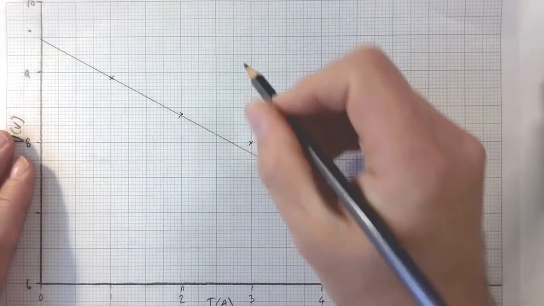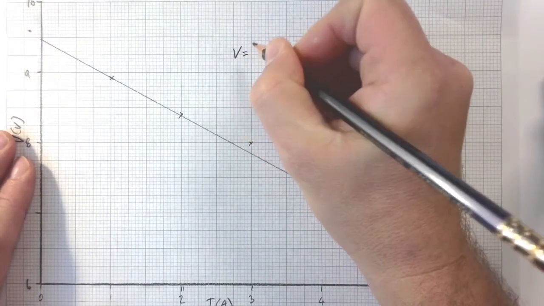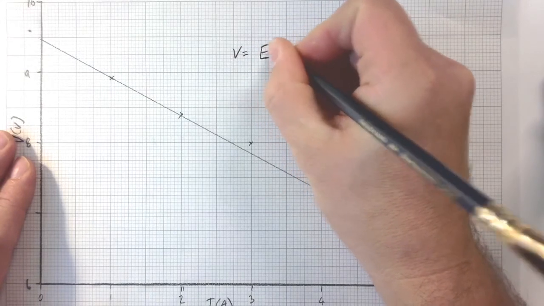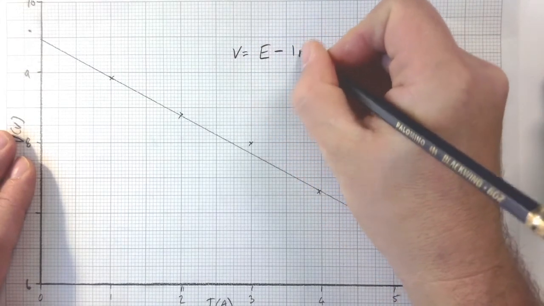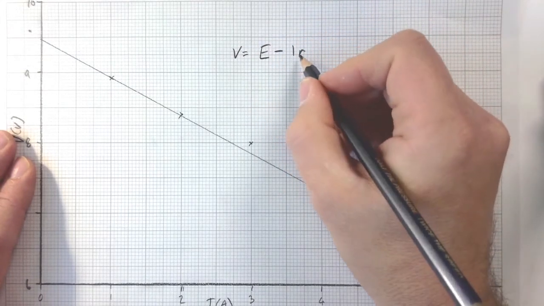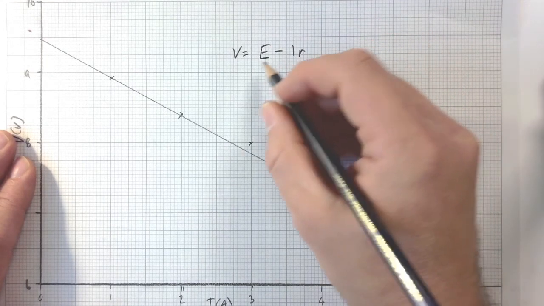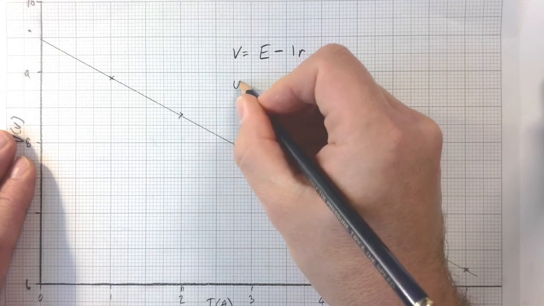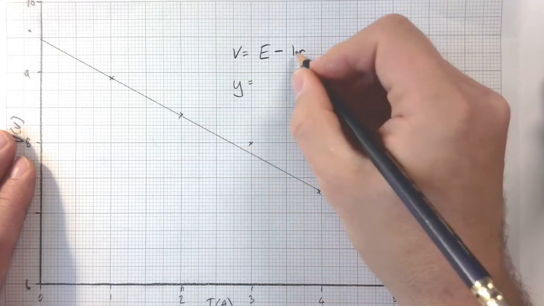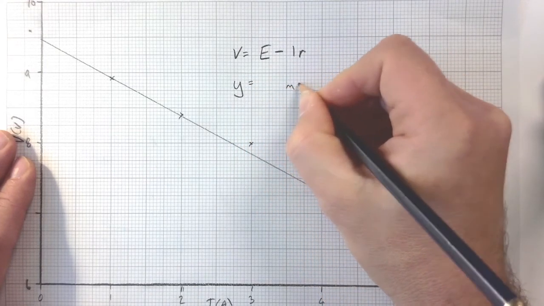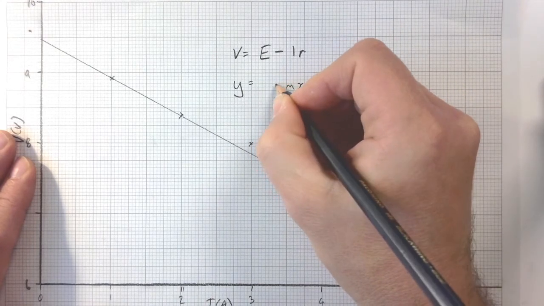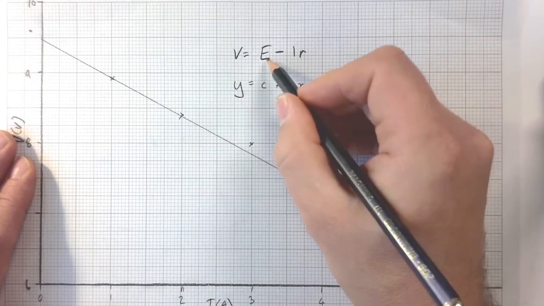And now we know that V was equal to the EMF subtract what's sometimes called loss volts, the current times the internal resistance. Now this is of the form y equals mx plus c.